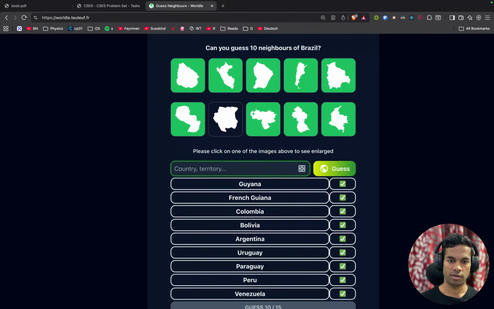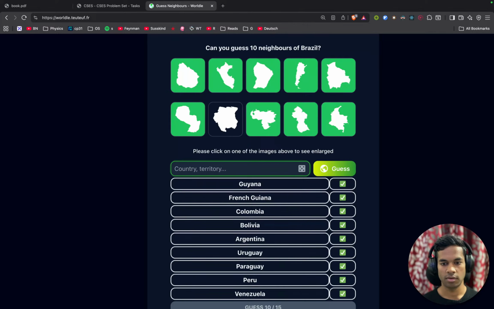GDP, okay, that is better than India's GDP per capita. Best GDP, Guyana, 32,000. That is quite good. Population 100 million, 200 million. Peso, Real.